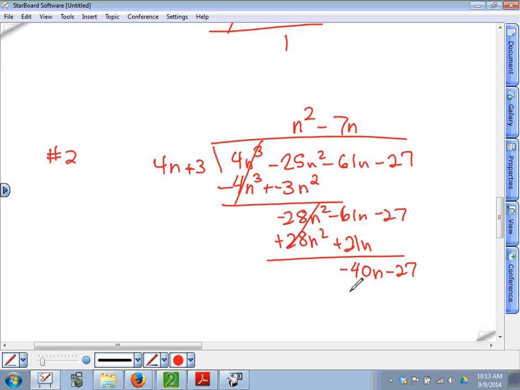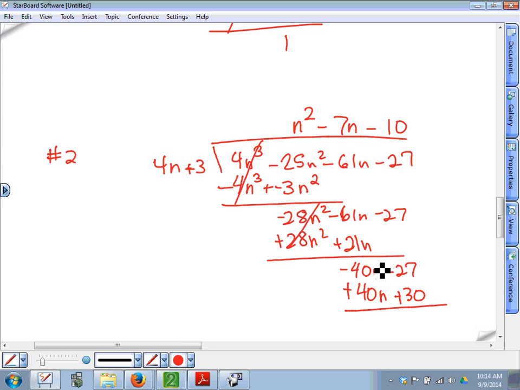Do you guys have a question? If you have a question, it's good. Ask a question, Peter. Yeah, 4n into negative 40n is a minus 10, right? Minus 10 times 4n is negative 40n, and then negative 10 times that positive 3 is negative 30.